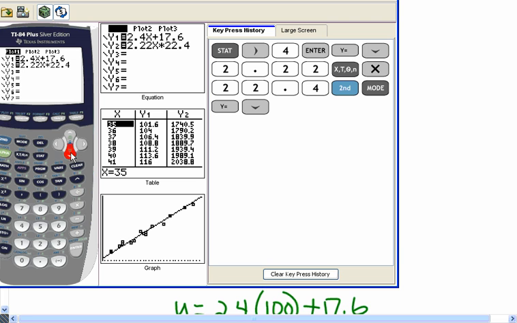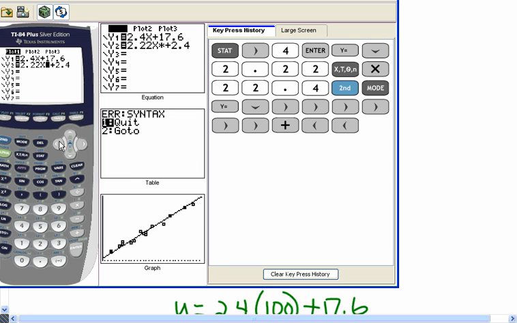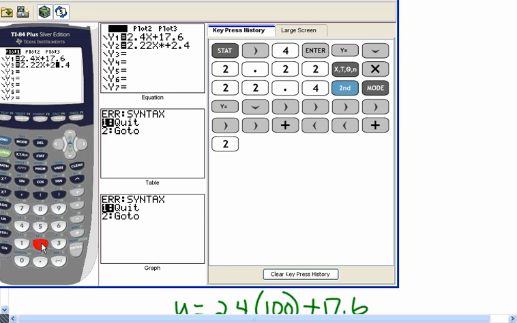Okay. Wrong button. Fix that. Plus. All right. Let's graph it to see what that shows.